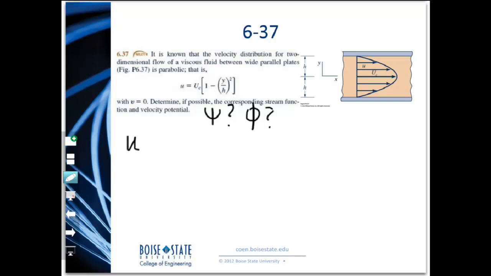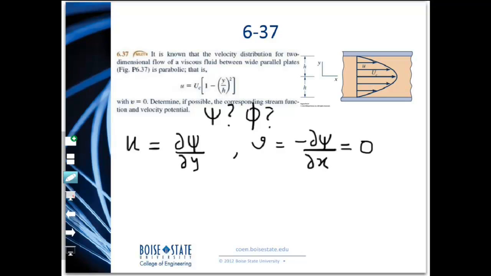So if you want to do that, u is ∂ψ/∂y, and v is minus ∂ψ/∂x. Okay, and we already know that v is equal to 0.